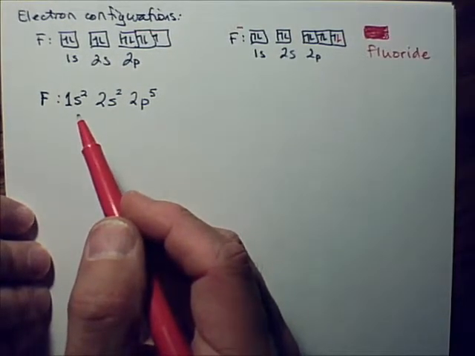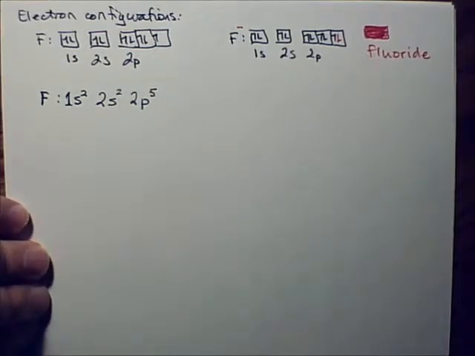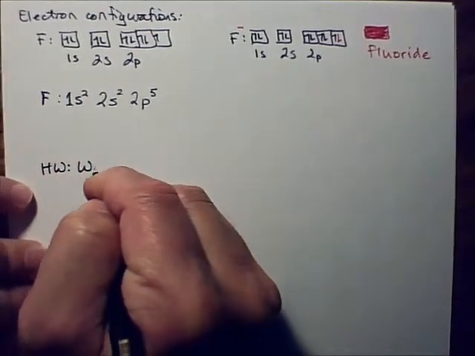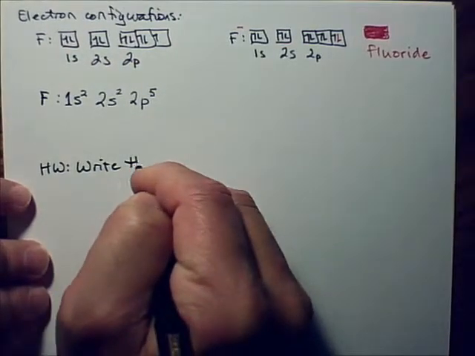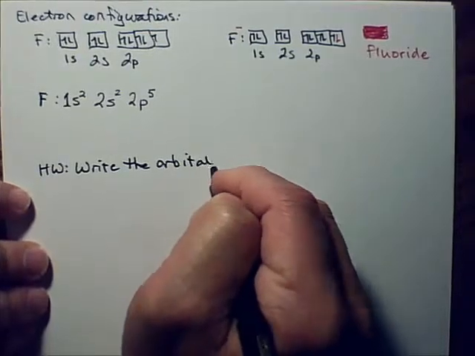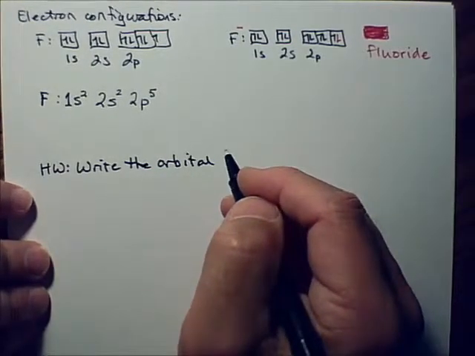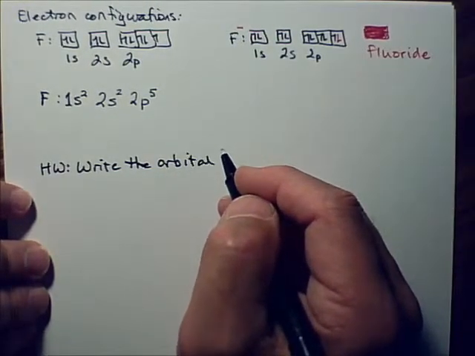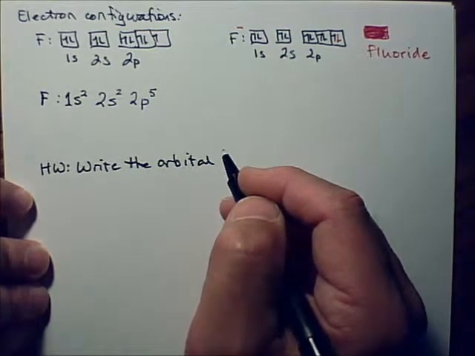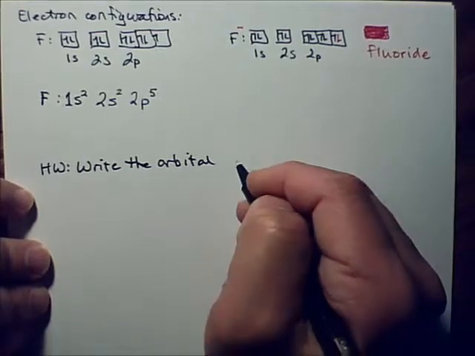That makes sense? So the 2p is going to be 2p6. It'll have the same orbital notation, electron configuration, as neon.